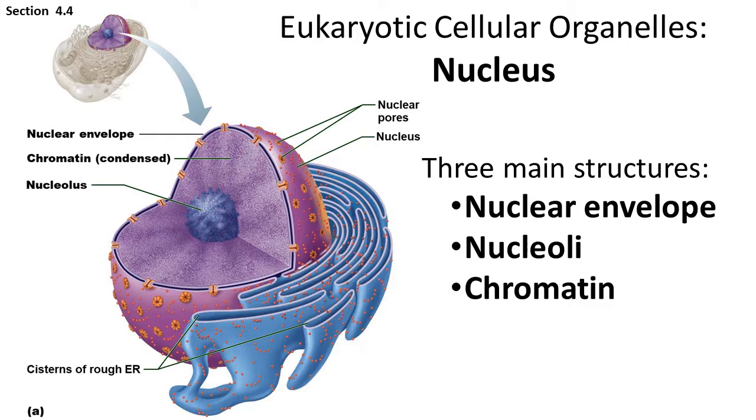Composed of the nucleus, there are three structures: the nuclear envelope, the nucleoli, which remember that's where the ribosomal RNA is created in the ribosomal proteins, and chromatin.